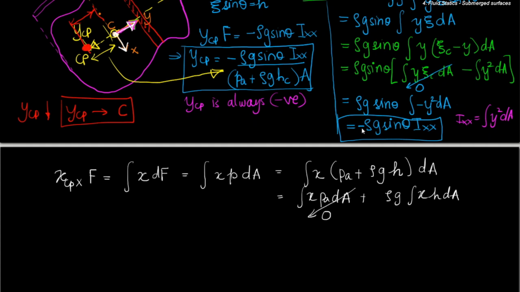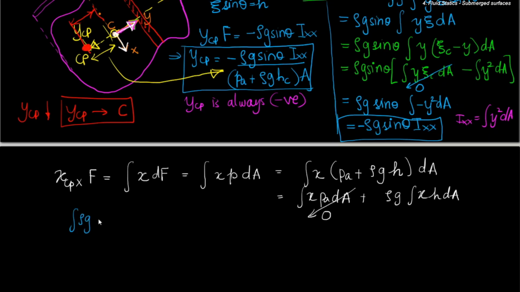So now proceeding, the expression is then the integral of rho g X h dA, and rho g can go out of the integral. Essentially it is rho g times the integral of X h dA.